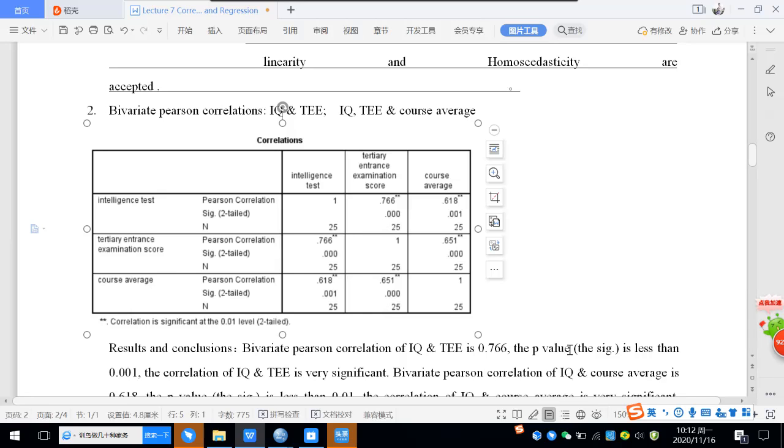The p-value, or the significance, is here below the Pearson correlation, and it's 0.000. 0.000 is less than 0.001, and the default significance level is 0.05. So the correlation of IQ and TEE is very significant. Okay, understand? Hope you can understand.